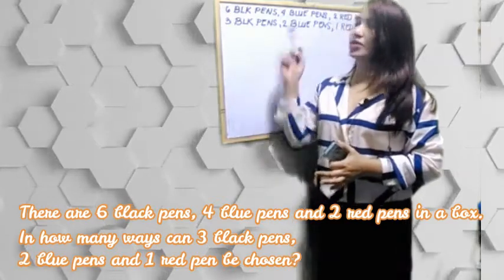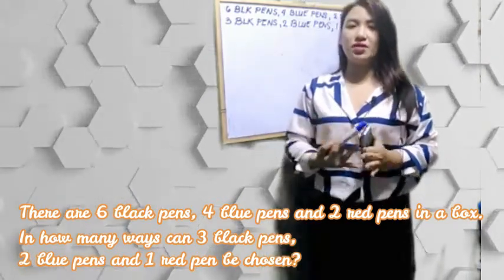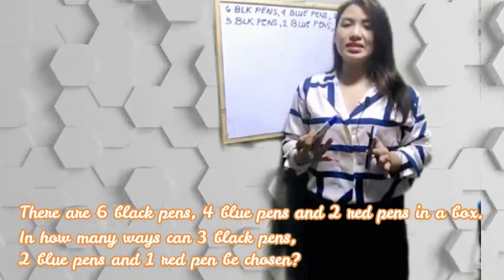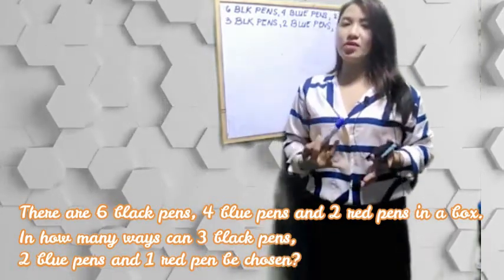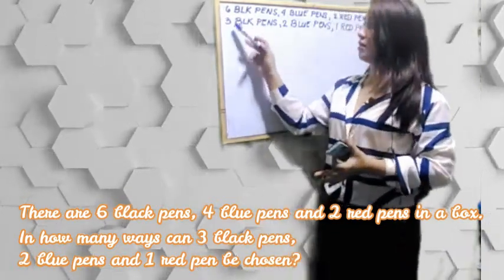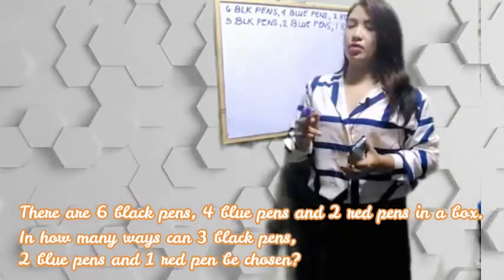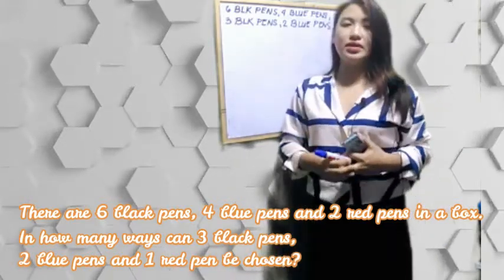As you can see here, we have 3 different kinds in terms of 3 different colors. So we would have 3 solutions before we can get to the final answer for the number of possible combinations, wherein we get 3 out of 6, 2 out of 4, 1 out of 2. So let's start. This is actually an application of the fundamental counting principle.